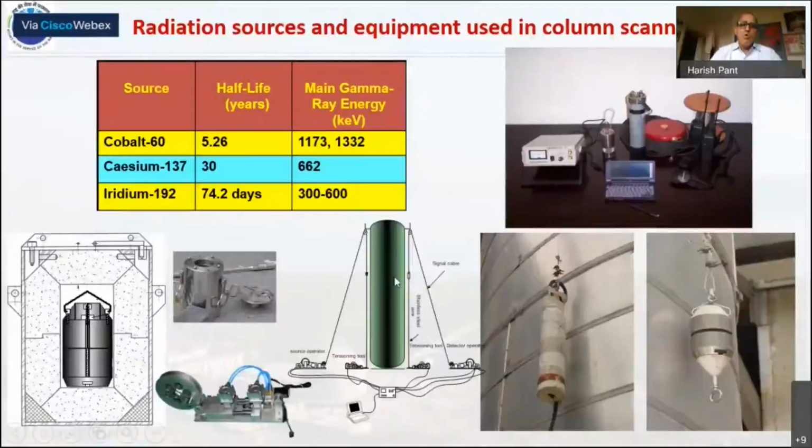This motor will move the source and detector up and down on this column, and a density profile can be generated at any time, and engineers can interpret that density profile and see what has gone wrong within the column. You can see this is a typical source collimator. This is the detector.